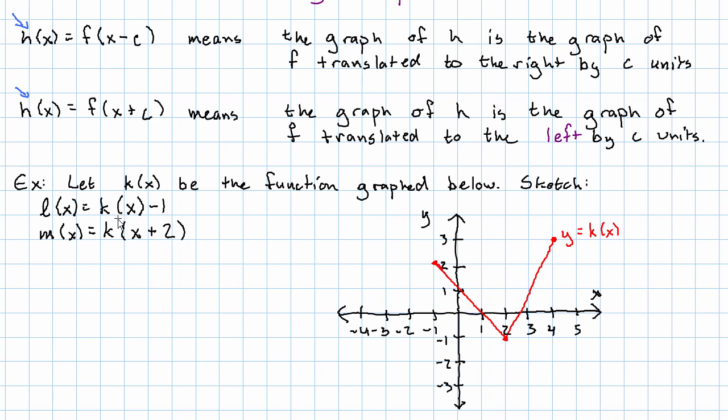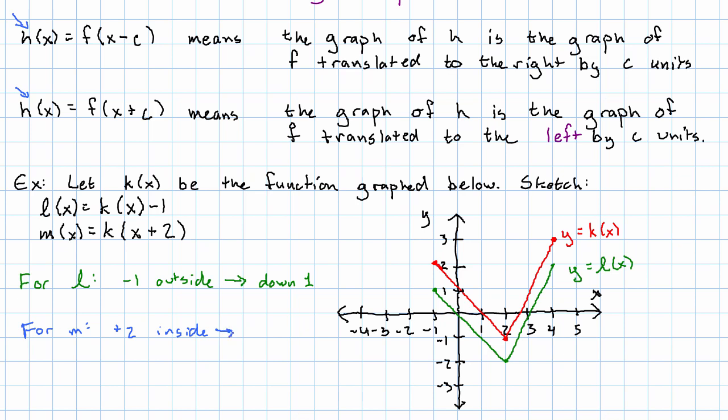Okay, k of x minus 1. Here we're subtracting 1 outside the function, so we're going to translate down by 1. That means every point on my original graph, I want to move downward by 1 unit, and so I get this graph. As for m, I'm adding 2 inside.